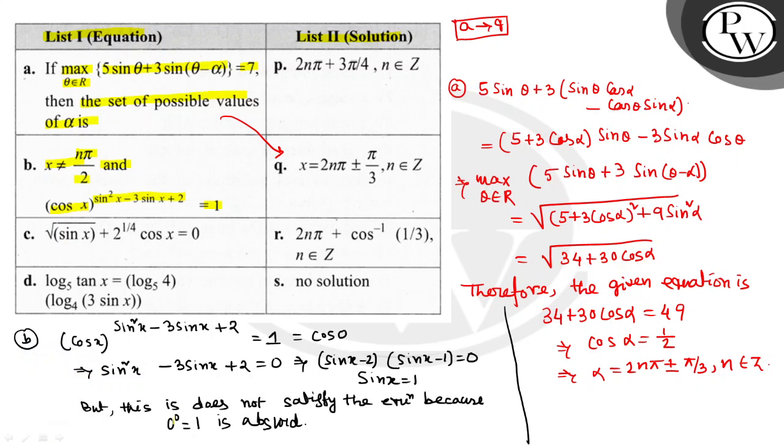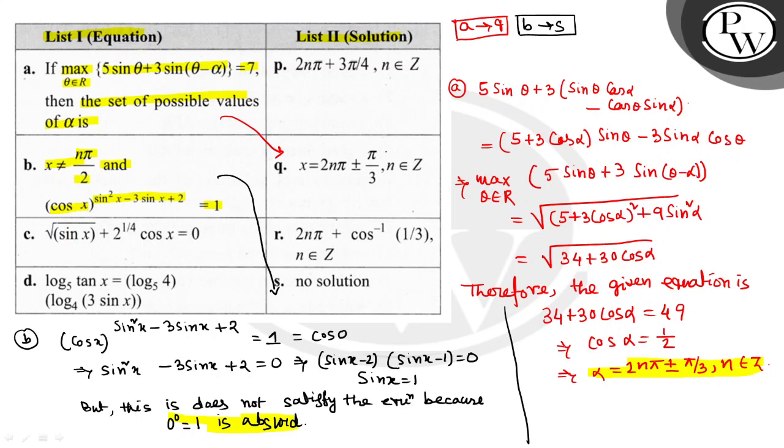So you have to mark that this is absurd, and this solution also you have to mark. So there is no solution for this case, and this is equal to option S. So B is with S.